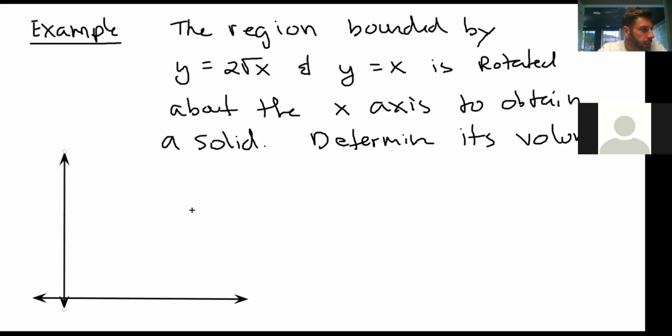You might need a little bit of a reminder of what these curves look like. So let's draw the first one. The first one is the square root, but we're multiplying it by 2. And then the other one is y equals x.